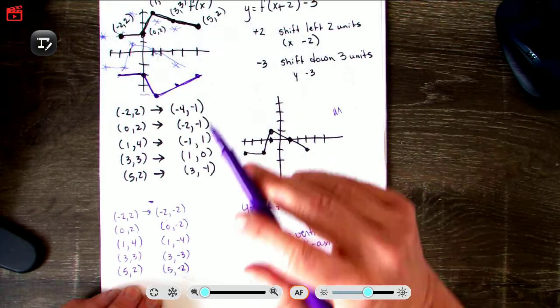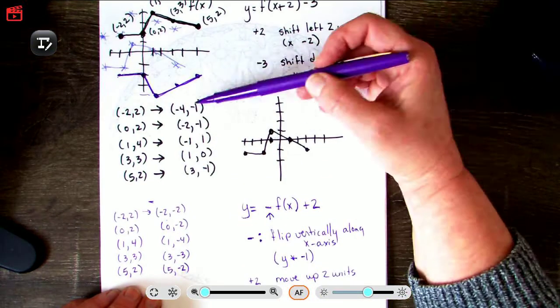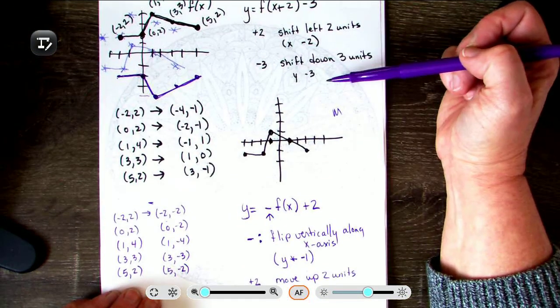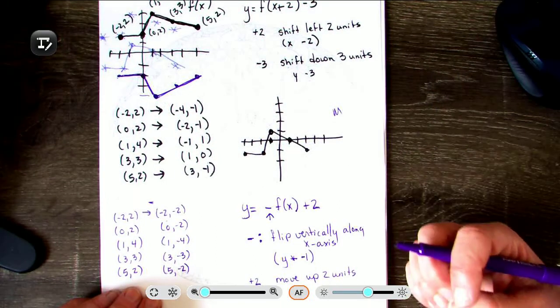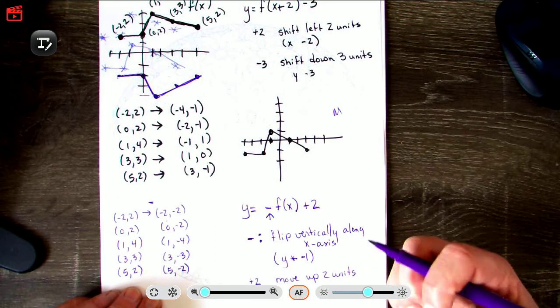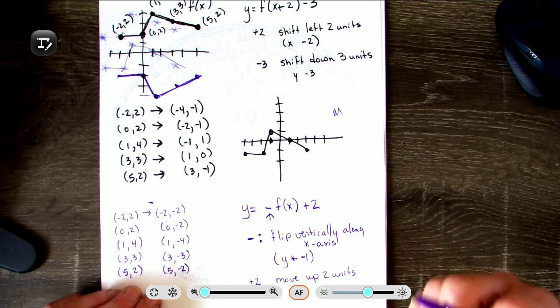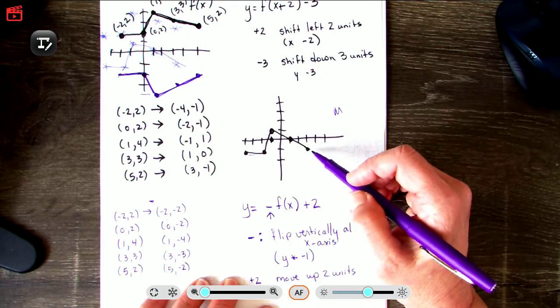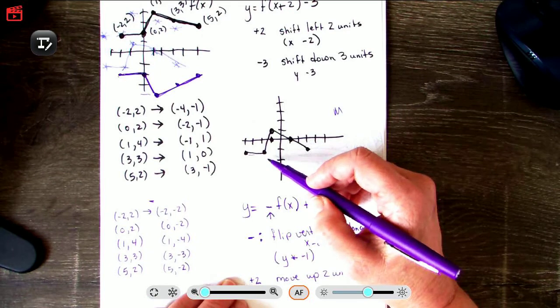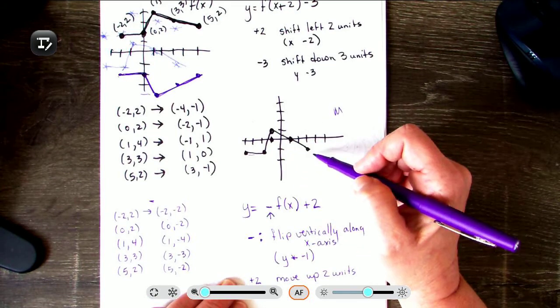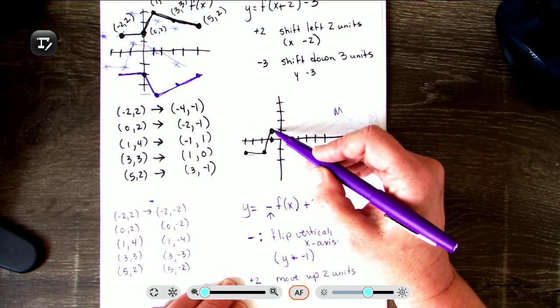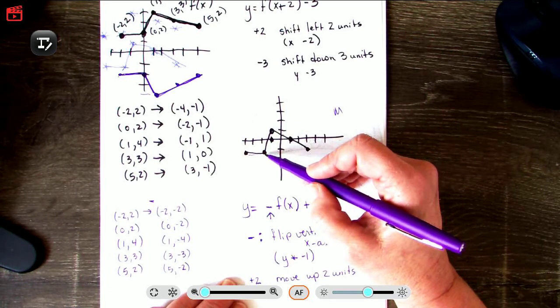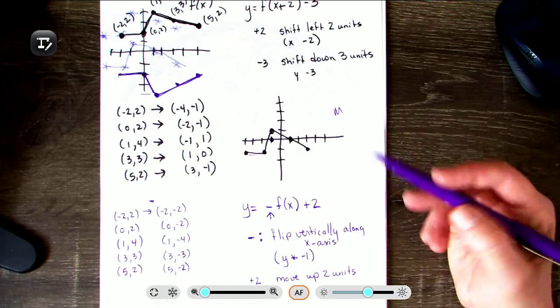One thing I do want to also mention, when you are doing these transformations, the original shape is not going to change dramatically. What I mean by that is we have 3 straight line pieces. You will always end up with 3 straight line pieces. We have a point here, you will have a point. You will have a point or a corner there as well.